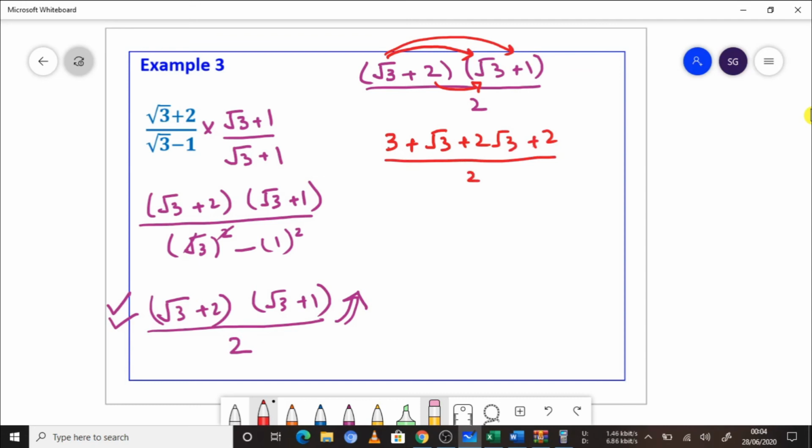So we combine 3 and 2, we get 5, 1 root of 3 and then 2 root of 3, so it's 3 root of 3's divided by 2. That's also the same answer. So both answers are acceptable because you have shown that the denominator is a rational number.